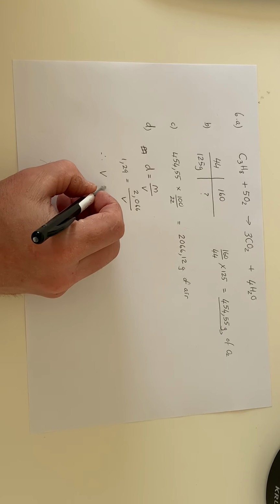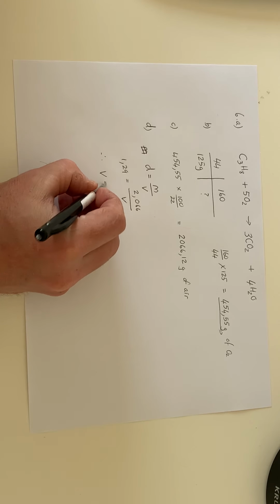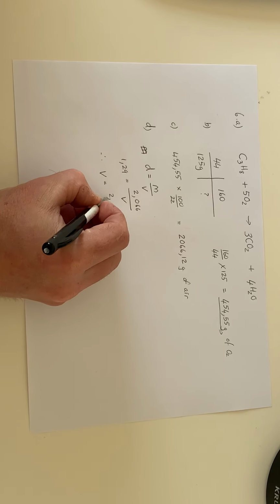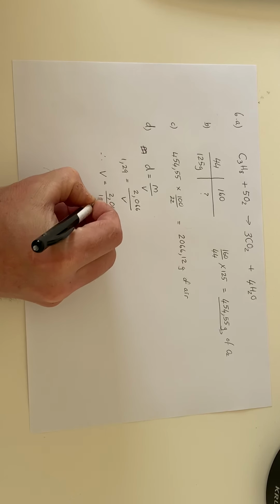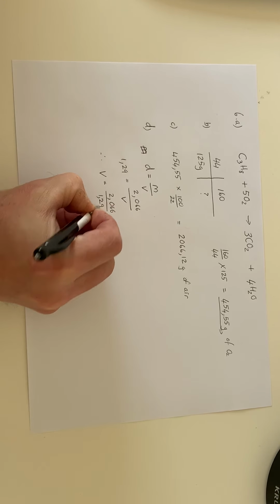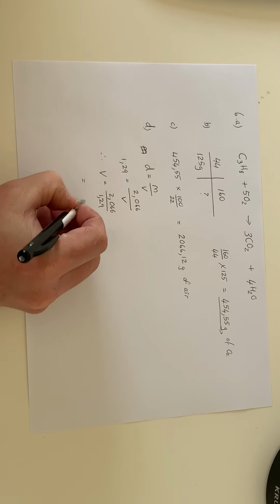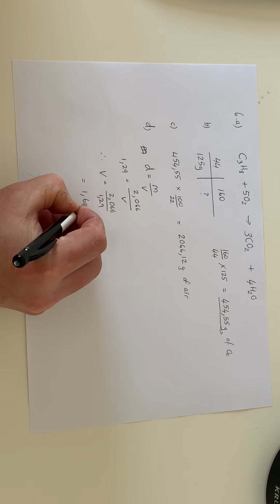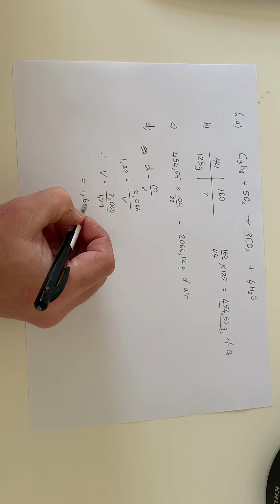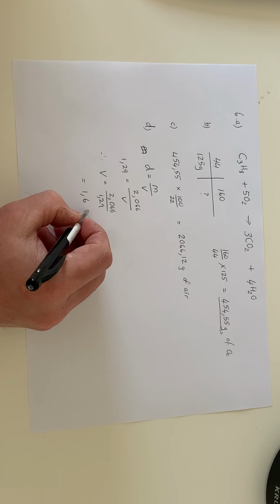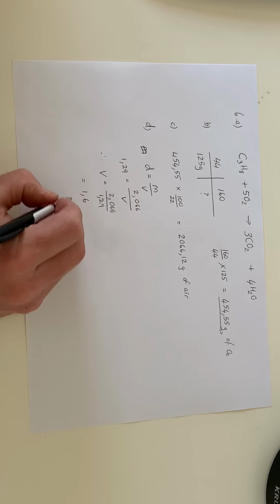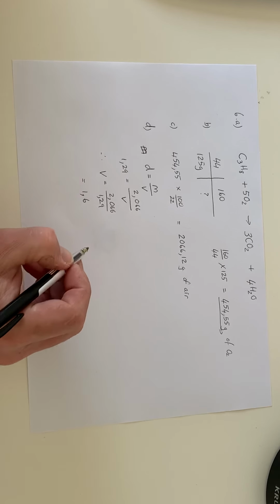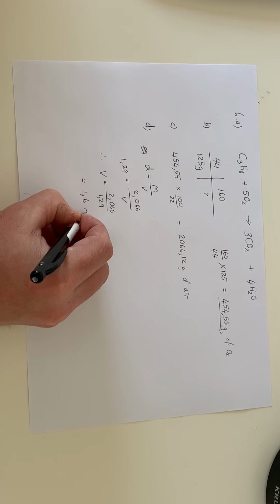Volume is equal to 2,066 divided by 1,29, and we end up with 1,6 meters cubed.